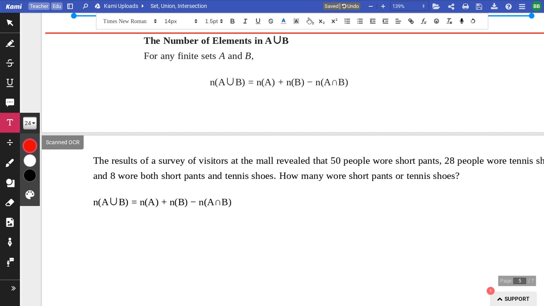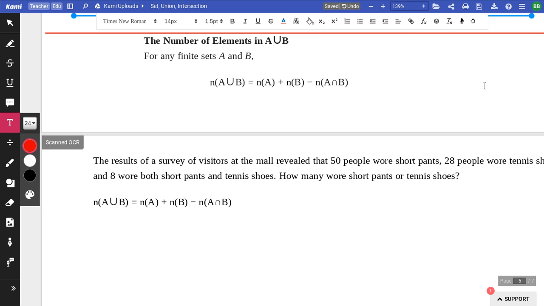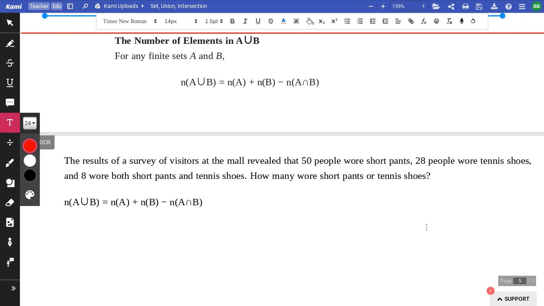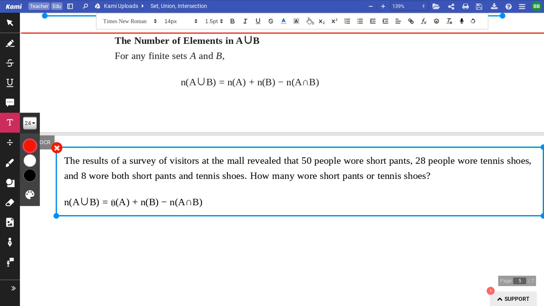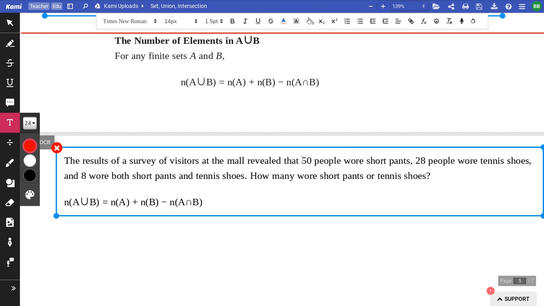Another definition, the number of elements in A or B for any finite sets A and B. This is the definition that we can utilize to work on these type of word problems. So it says the results of a survey of visitors at the mall revealed that 50 people wore shorts, short pants. 28 people wore tennis shoes.